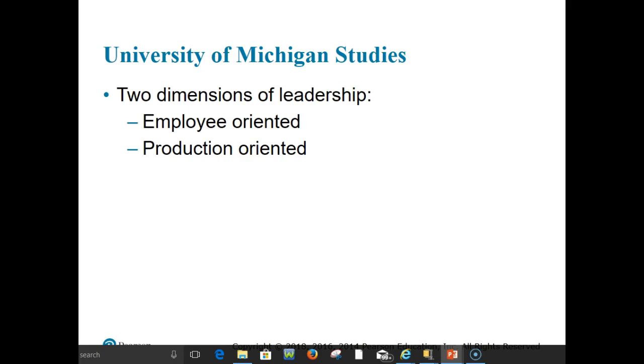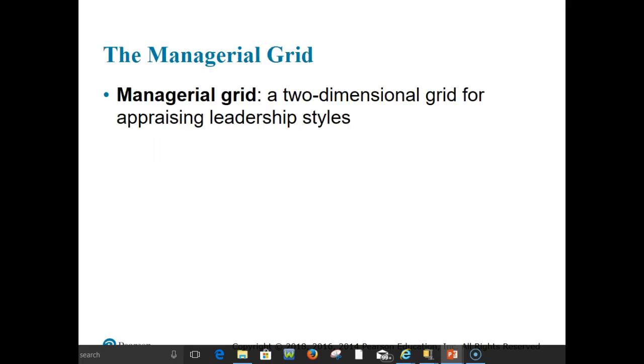Now, unlike the other studies, the Michigan researchers concluded that leaders who were employee-oriented were able to get high group productivity and high group member satisfaction. Now, the behavioral dimensions from these early leadership studies provided the basis for the development of a two-dimensional grid for appraising leadership styles.